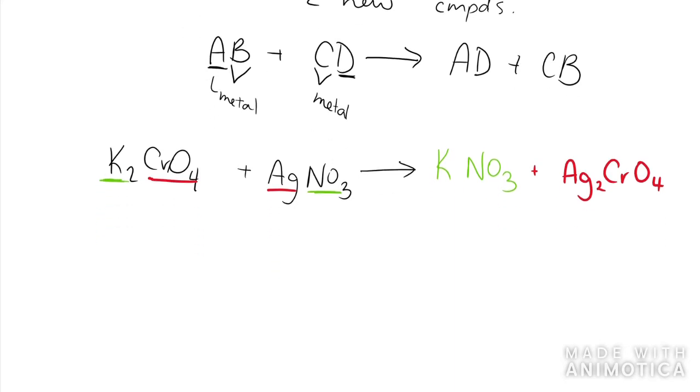So that's what our equation is, but it's not balanced if you notice. We have 1 silver over here, we have 2 silvers over here. We have 2 potassiums over here, only 1 potassium over here. So we're going to have to do some fiddling.